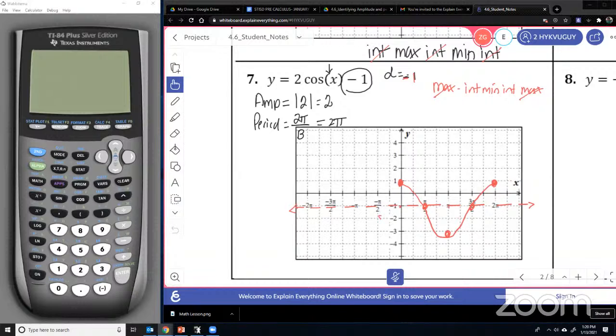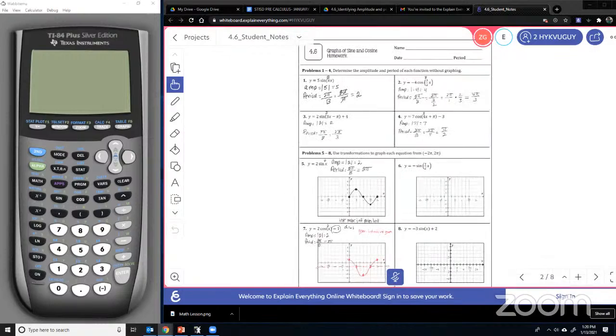If you see the pattern, cosine starts at 1 as a max, and sine starts at 0 as an intercept. But it's going to follow that same pattern. The only difference is it's going to change based on the amplitude, the period, and all that.